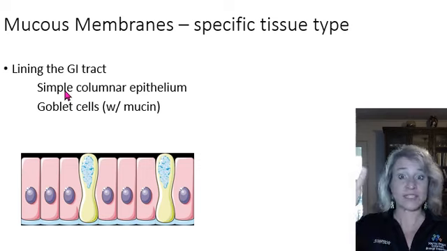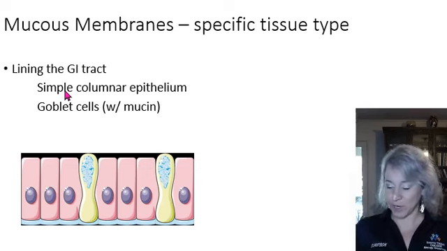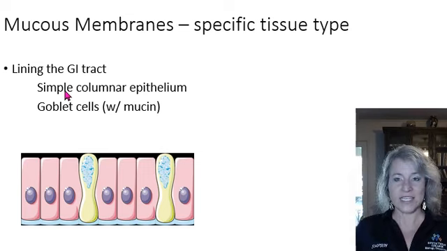So the purpose of the mucous membranes is to protect, again, from injury. And one of the things protecting from injury is desiccation.